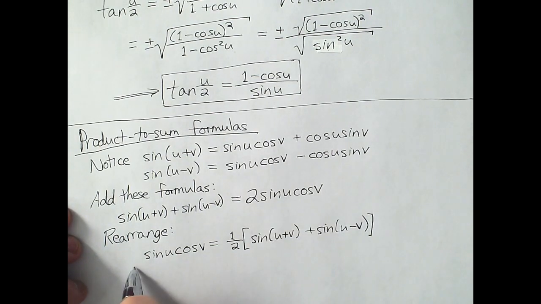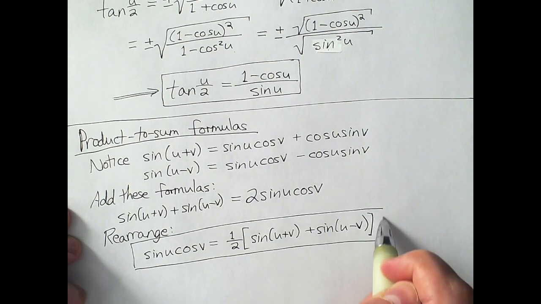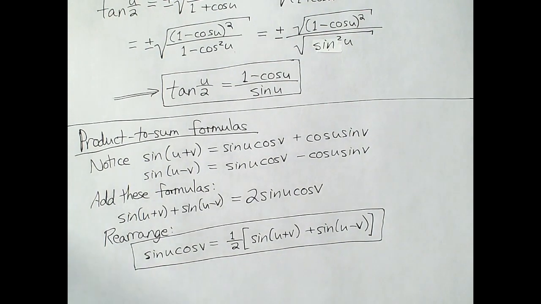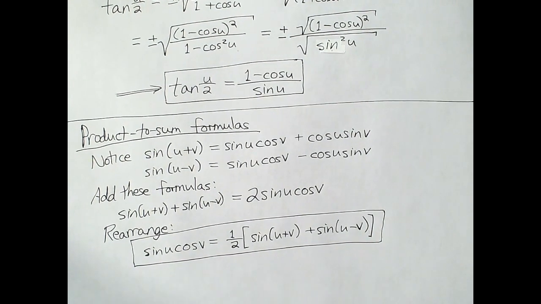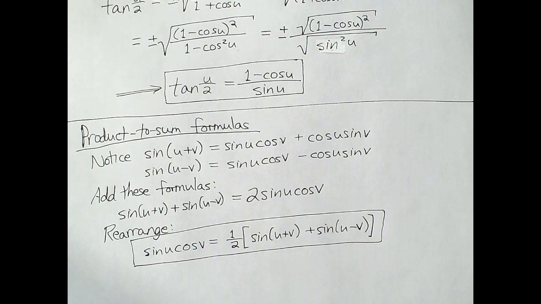And this is one of the product to sum formulas. It came from adding two of the addition and subtraction formulas together and then rearranging. So this is called a product to sum formula because the left-hand side is a product of trig functions and the right-hand side is a sum of trig functions. So product to sum.